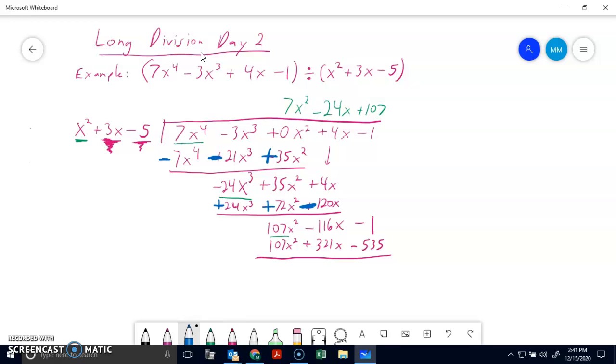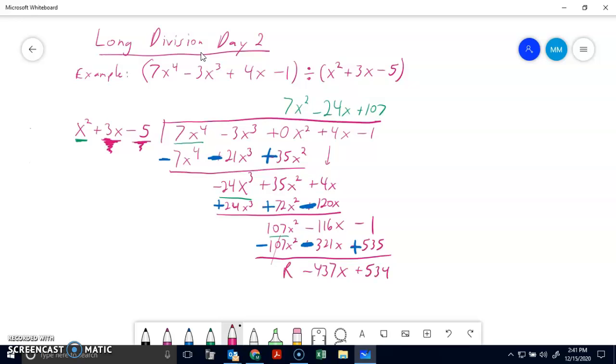And then we subtract. Minus this. Minus this turns to a plus because it's minus a negative. So these cancel. Negative 116 and negative 321. That's negative 437x. Negative 1 plus 535 is 534, and I'm done.